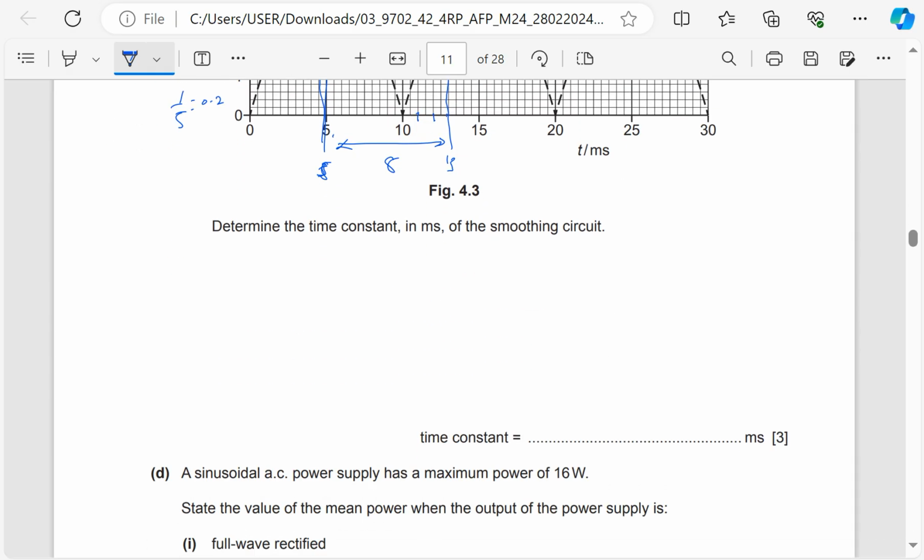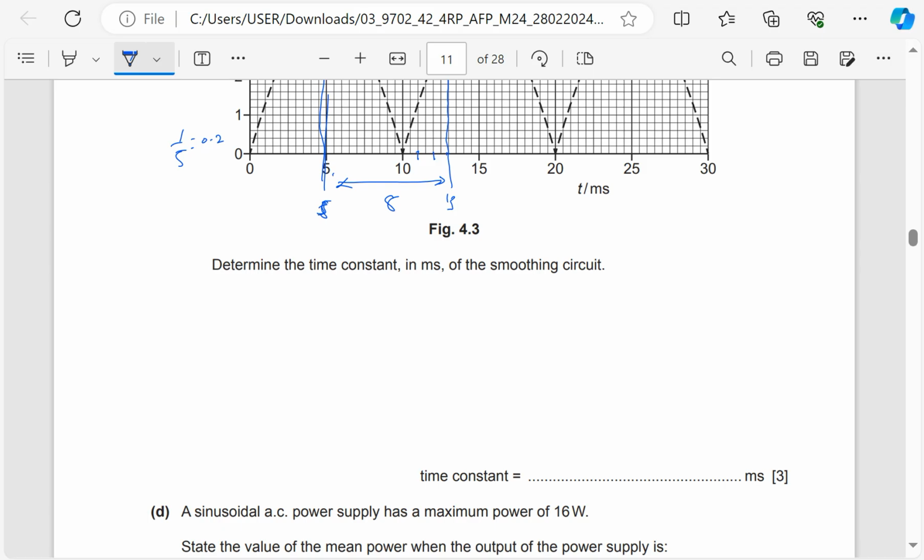Determine the time constant in milliseconds of the smoothing. The time we have got there is the time for discharge, not the time constant tau. The time constant tau is R times C. Or we can use the discharge equation, where V equals V naught e power minus t divided by tau, where tau is R times C, the time constant.